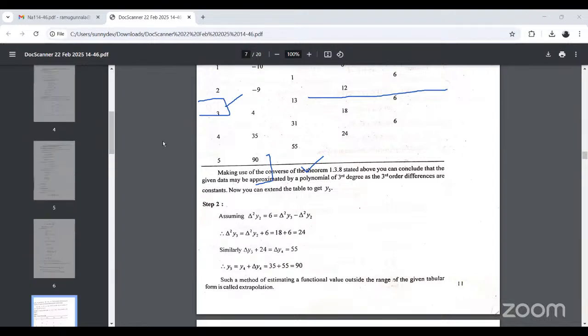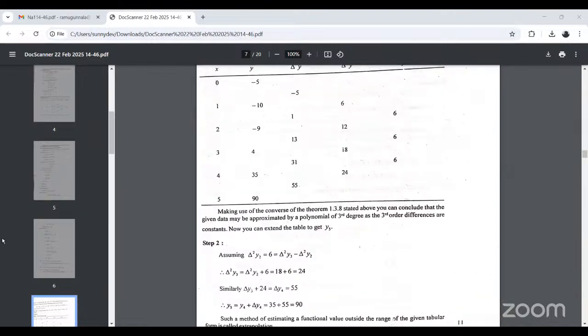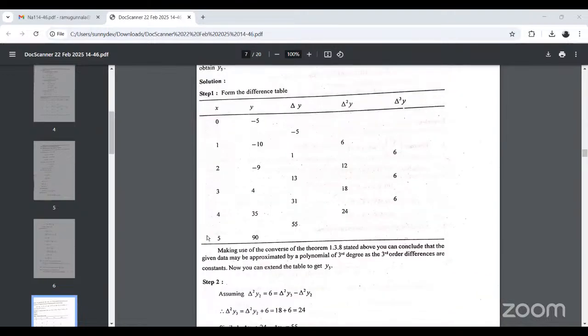But in that examination, how can we find this one? Let's take x.